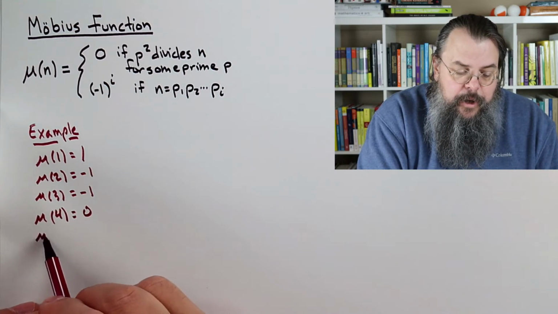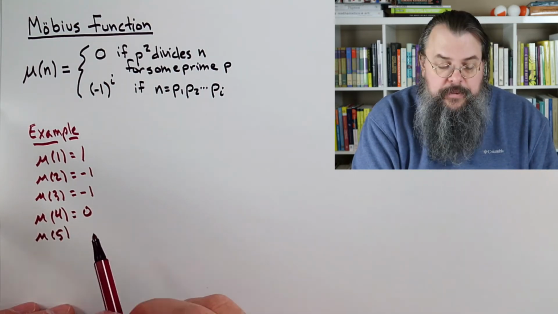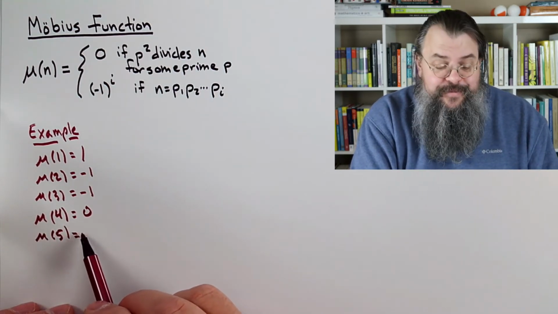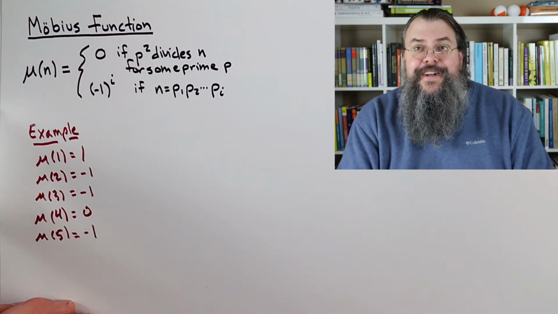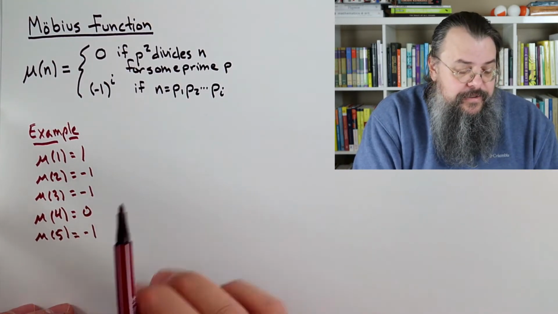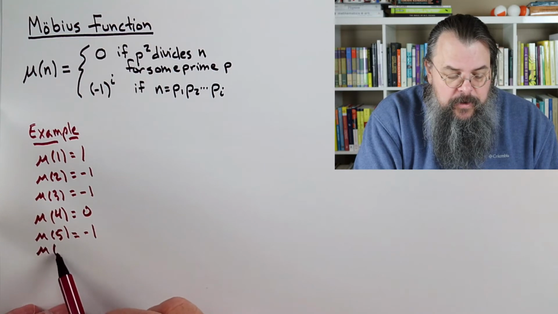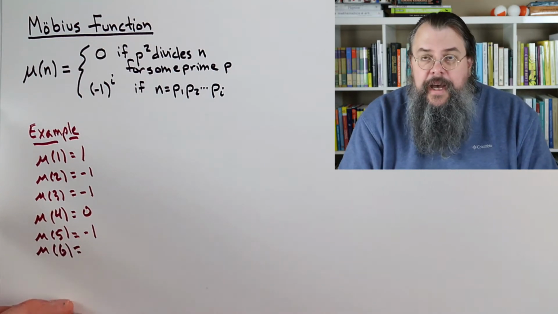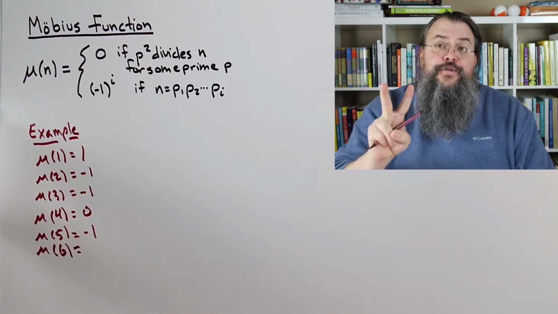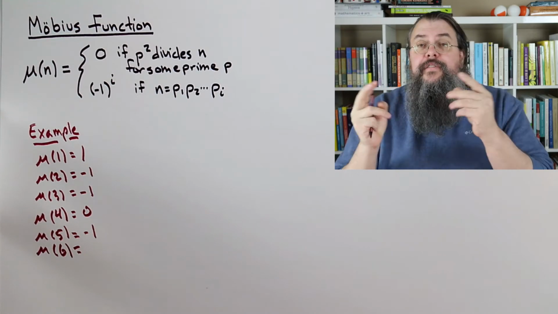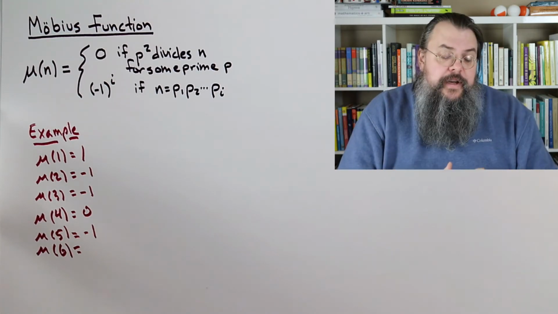All right, how about 5? Well, it's prime. It turns out there's a lot of primes in the small numbers. They get more sparse as we go on. How about for 6? Well, what do we have? Now there are 2 primes, 2 and 3. There's no square that divides it.